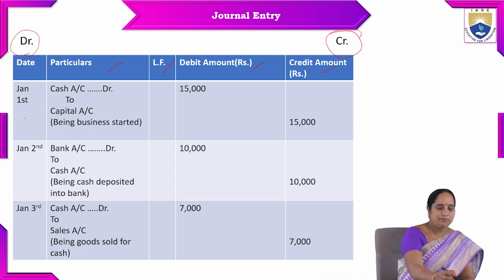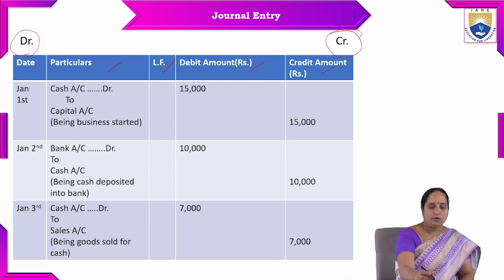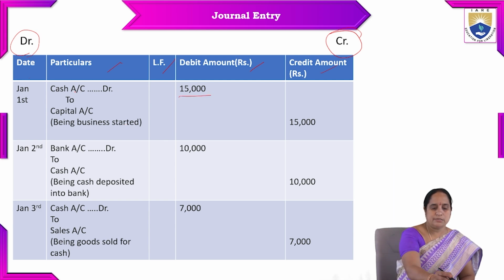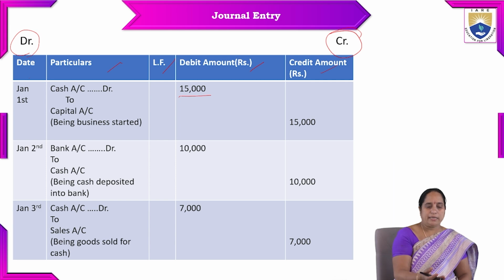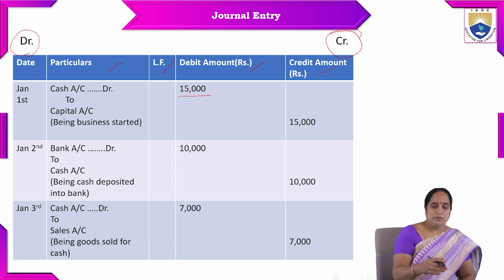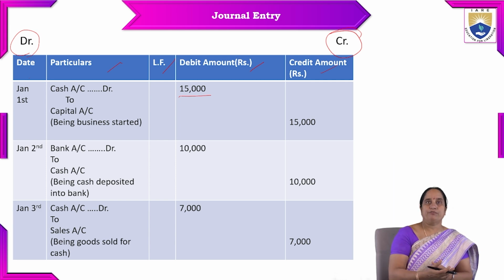So Jan 1st, cash account debtor to capital account, being business started. The amount is 15,000, which should be mentioned against cash account on the debit side and capital account on the credit side, as cash is debited and capital is invested in the form of capital in the business.